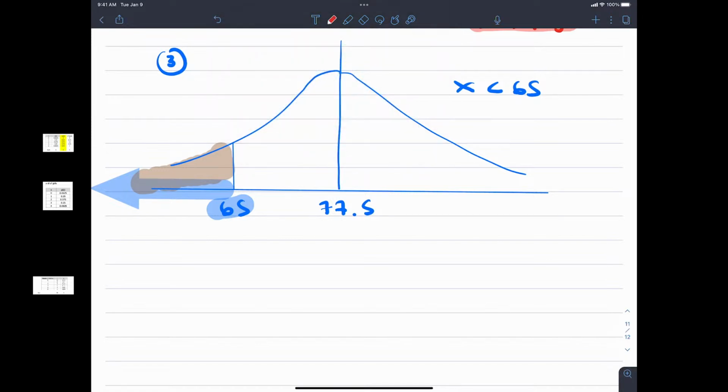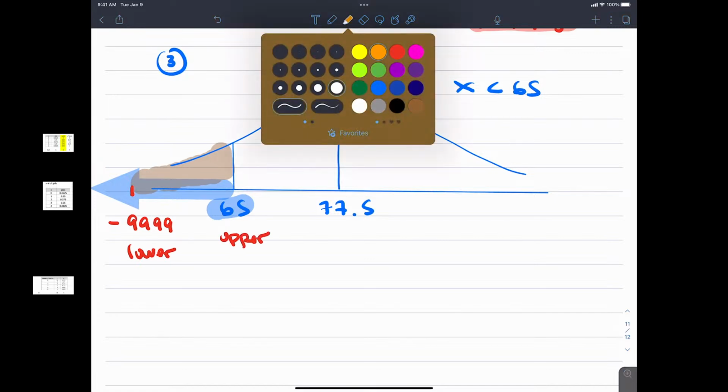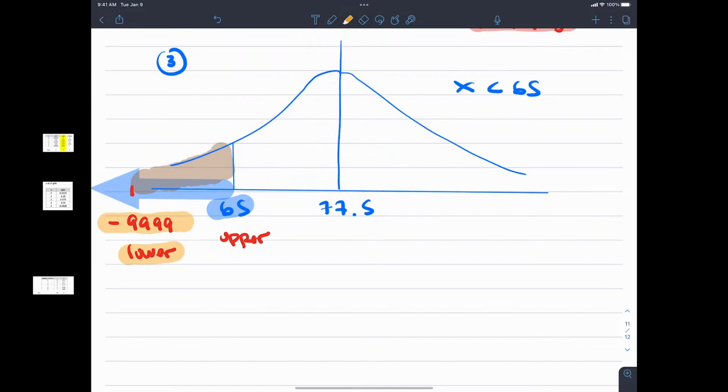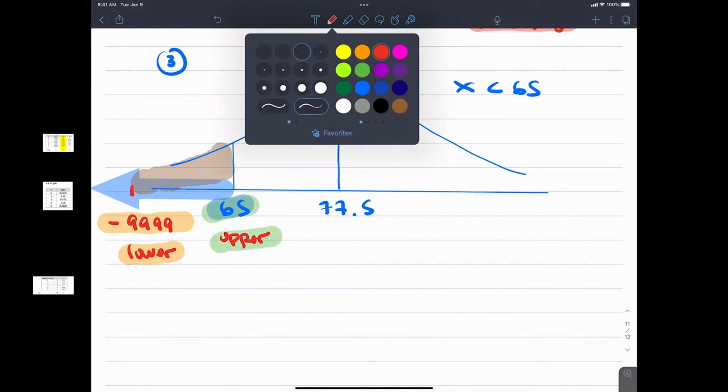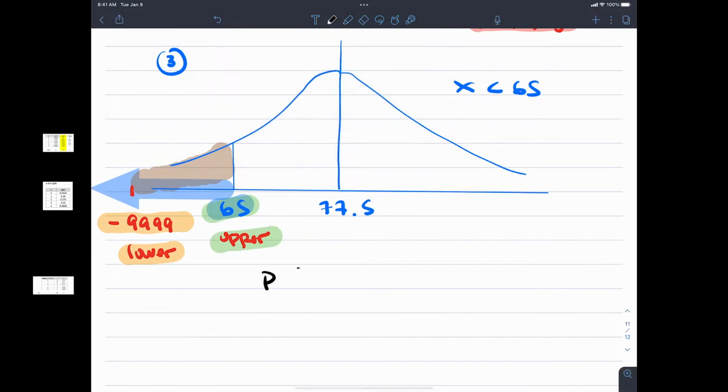Okay, so now what are you going to do? We need a lower value and an upper value. So we need the default because that goes on forever. Is that right? So what's the default again? Yeah, that's the lower default. And then this will be your what? Your upper. So we first are going to get the answer as a probability, and that will be approximate.